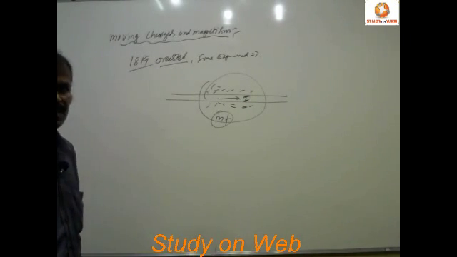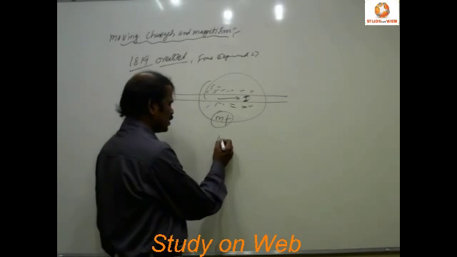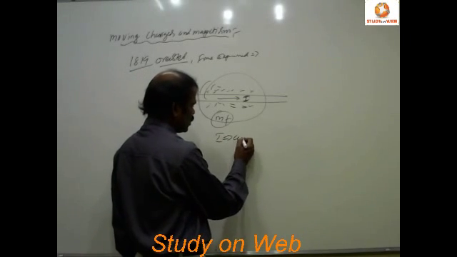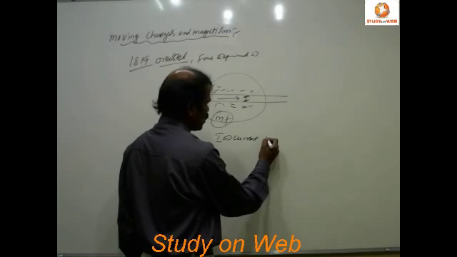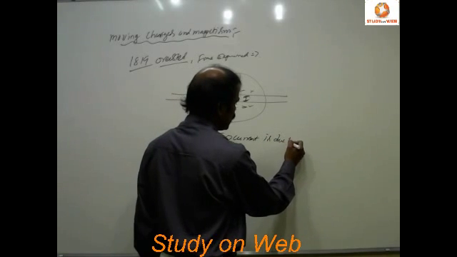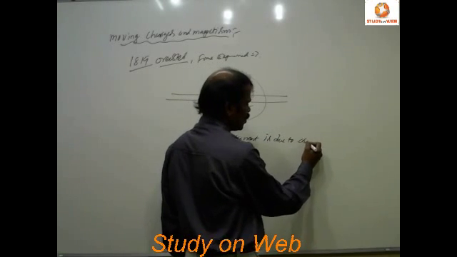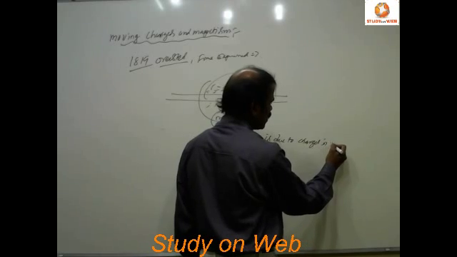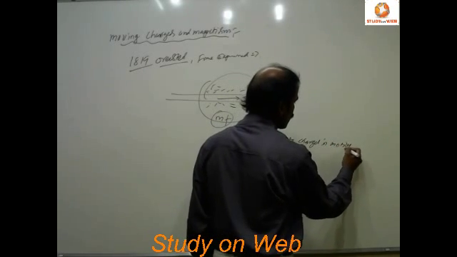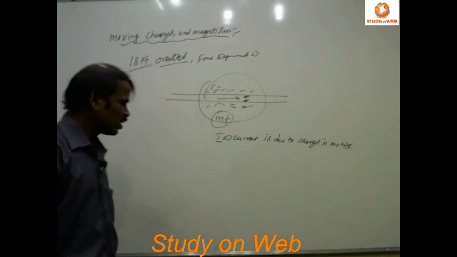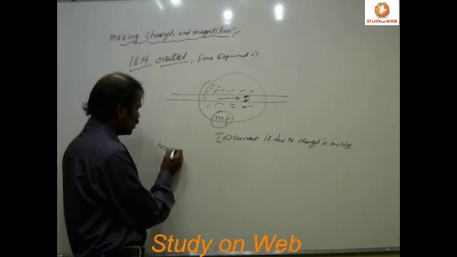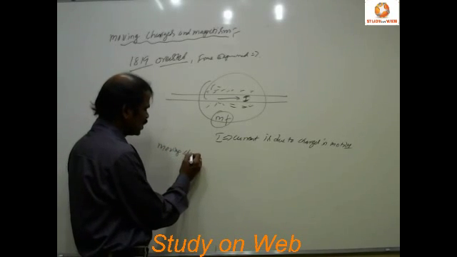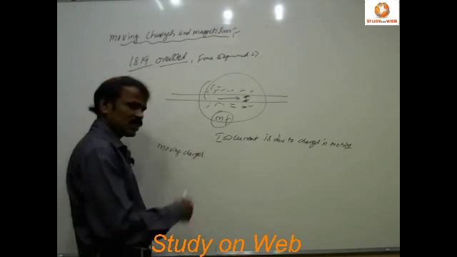produces a magnetic field. Now you know current is due to charges in motion. Therefore, this is nothing but moving charges.